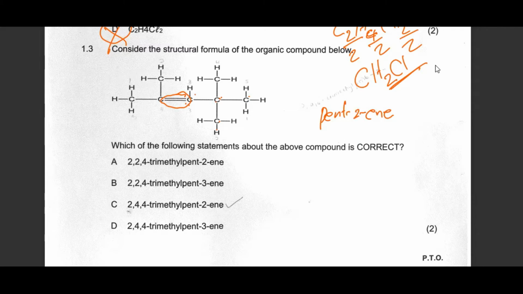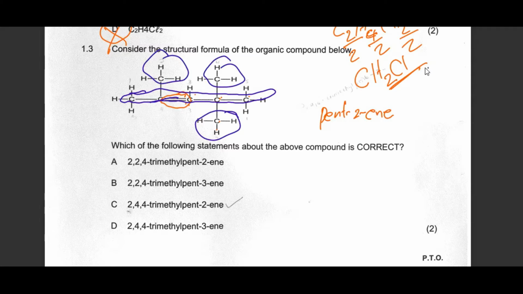Now, if I say that this is the longest chain, then this and this become the side groups.